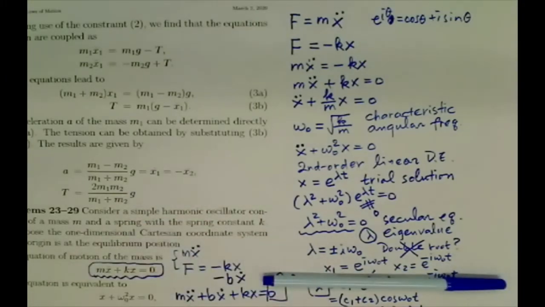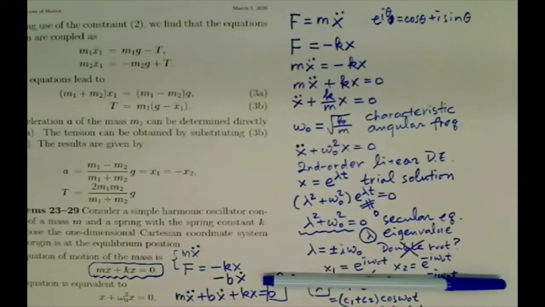Now we have two different parameters. In case we consider a second order linear differential equation, there are at most two linearly independent solutions for the homogeneous case. As long as omega 0 is non-zero, this does not have any double root.